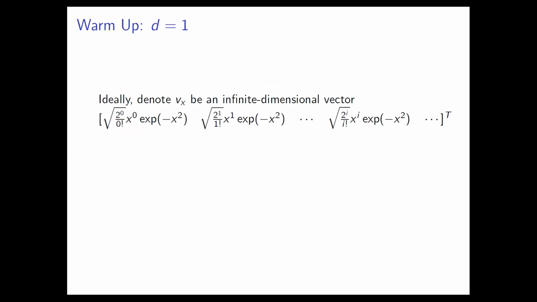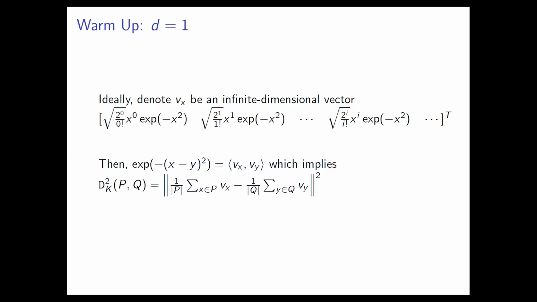So ideally, if we have an infinite dimensional vector Vx, which is defined as this, then the Gaussian kernel is the inner product of Vx and Vy. By plugging it into the definition of the kernel distance, we have this equation.